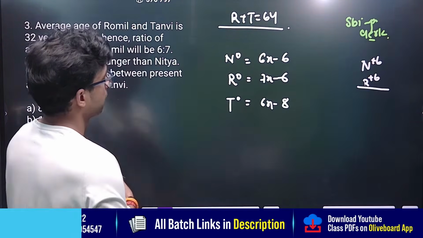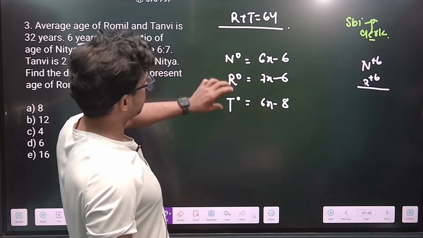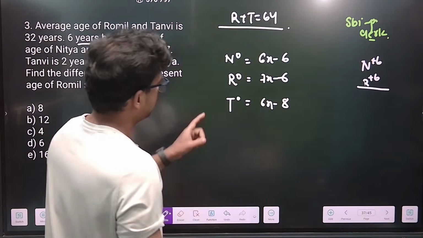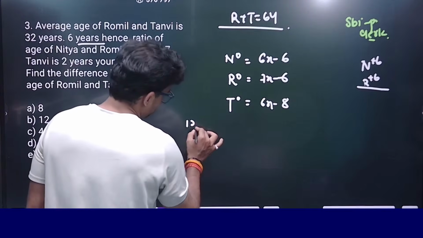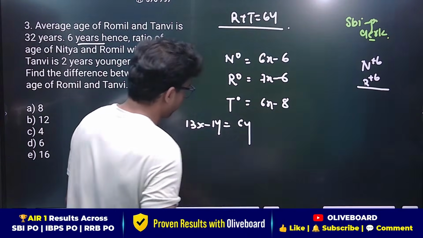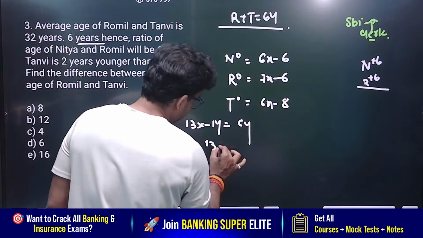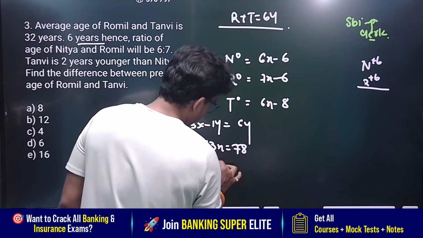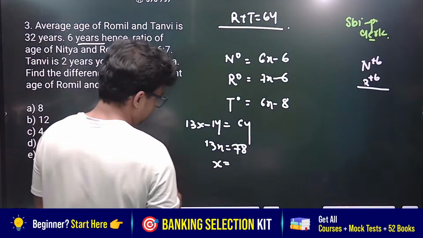Now, 13x, r plus t is given to us. 13x minus 14 is basically 64, right? Makes sense? 13x is equal to 78. X is equal to how much, guys? 6.